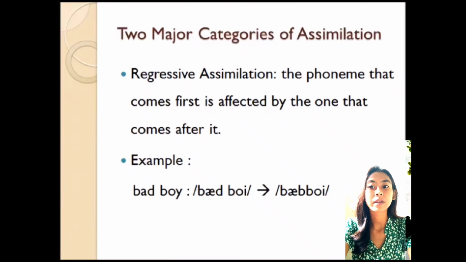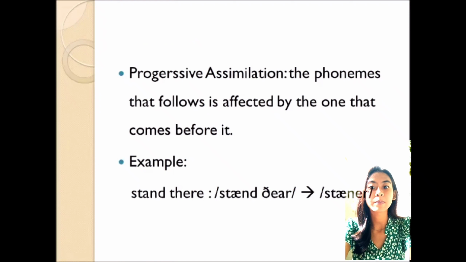The first, regressive assimilation: the phoneme that comes first is affected by the one that comes after it. For example, bad boy becomes boy. The second is progressive assimilation: the phoneme that follows is affected by the one that comes before it. For example, stand there becomes stander.